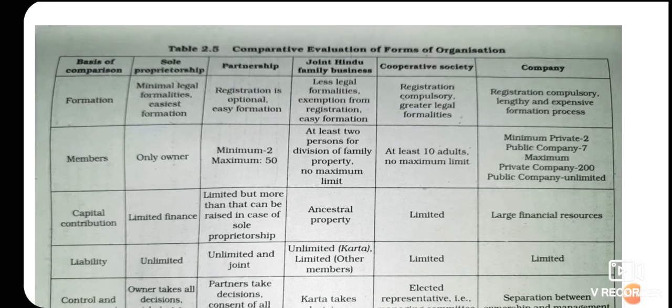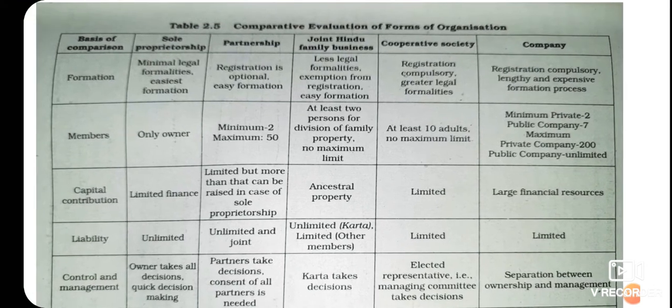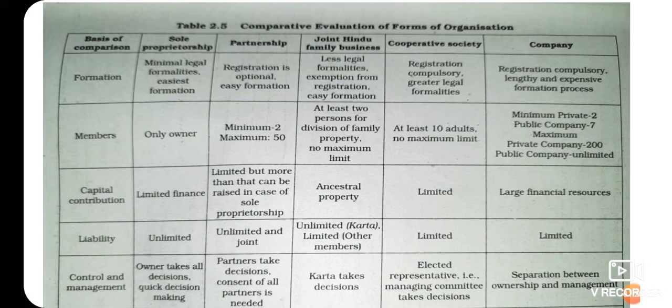These are a few bases, and when you are studying you must know the basis of comparison. Sometimes in the exams you are asked, on the basis of membership, on the basis of formation, tell what is the difference between various forms of business organization. So let us just start. I will just be reading what is there.